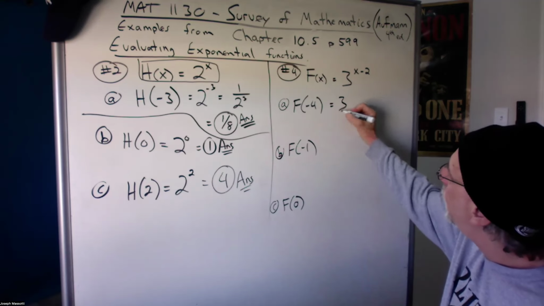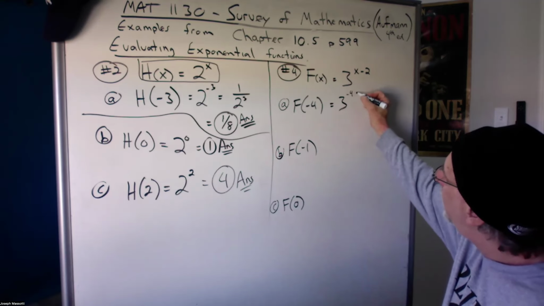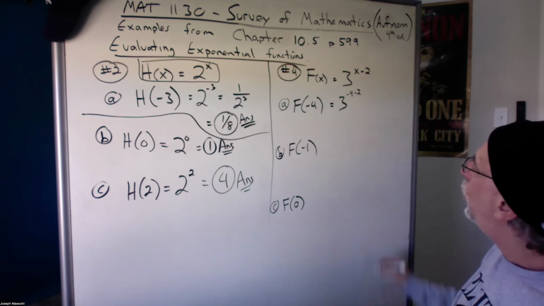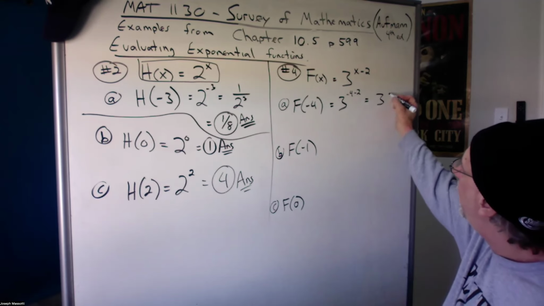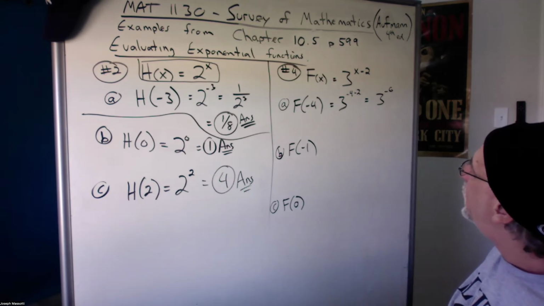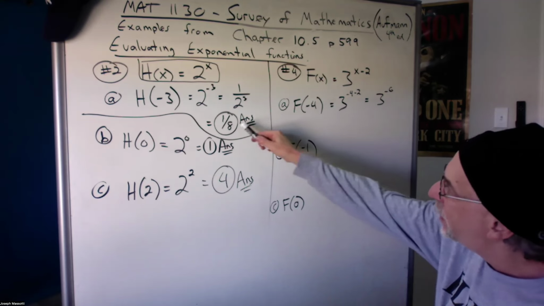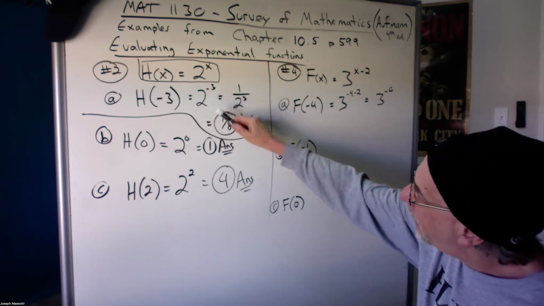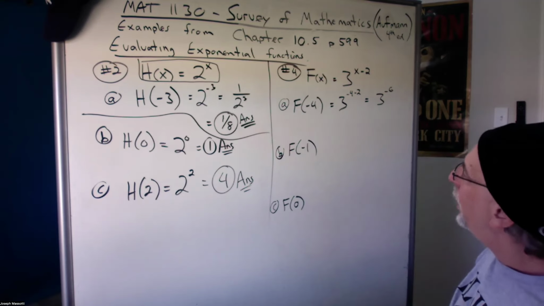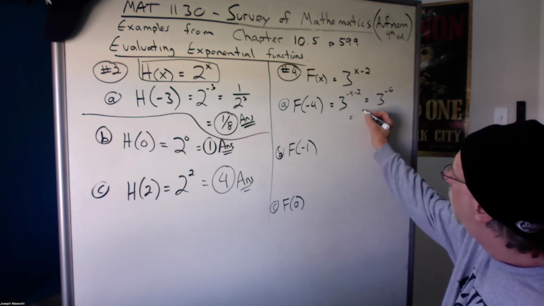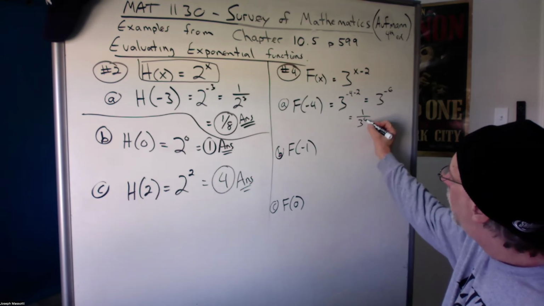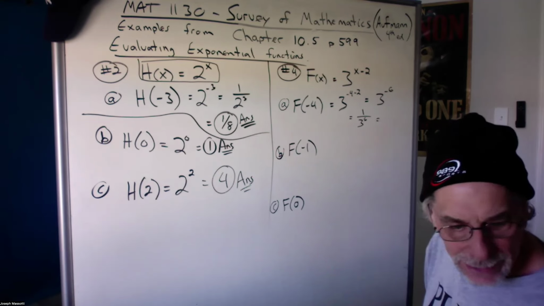In this case, we're getting 3 raised to the -4 minus 2, which leaves us with 3 raised to the -6th, which, just like over here, negative exponent is 1 over that number raised to the positive exponent. So we get 1 over 3 raised to the 6th.